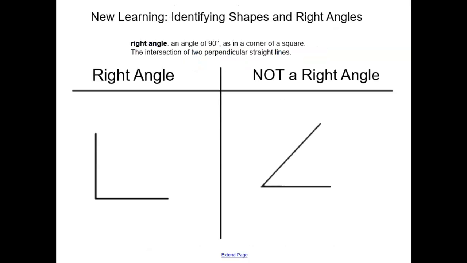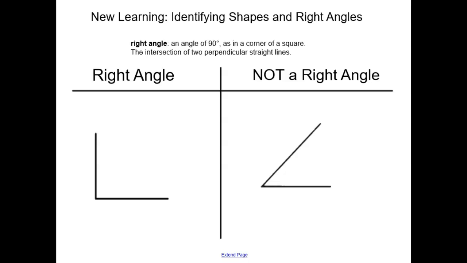Let's review a little bit more. So you know right angles are just like the perfect corner of a square. It's where 2 perpendicular straight lines come together. So pause the video and explain why this is a right angle and this is not. Fantastic, third graders. This is going to really help you today as you identify the attributes of quadrilaterals and other polygons.